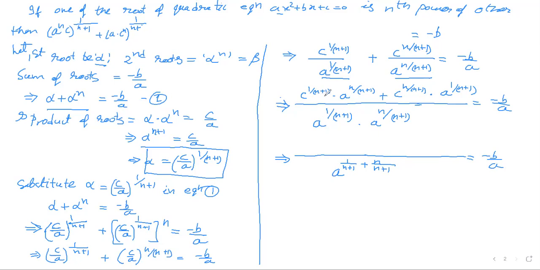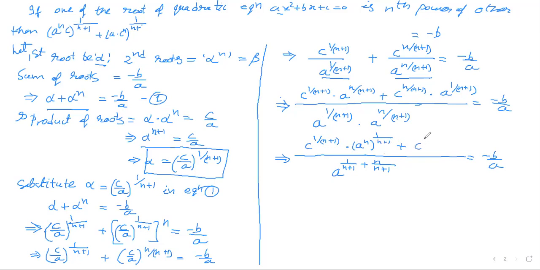Numerator becomes what? Now look at this. It is 1 upon n plus 1. This is n upon n plus 1. So if we make both the powers equal, first we write c to the power 1 upon n plus 1 into a to the power n whole to the power 1 upon n plus 1. Understood?